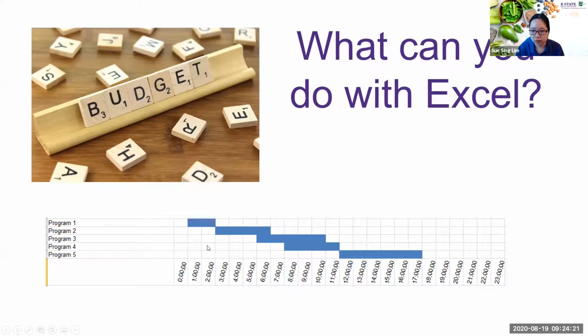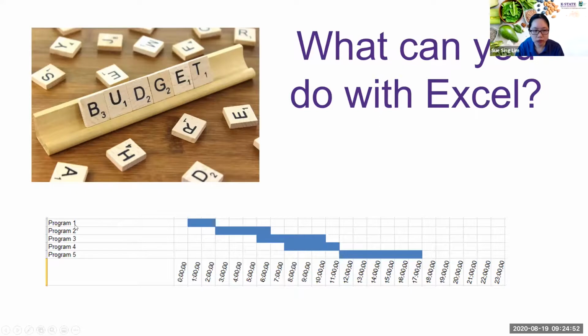This is an example of a project timeline. As you can see, this is an example that I just took a screenshot of from Google Images. There are 5 programs here, and then these are the times for those programs. I know you have a calendar for that, but after you learn about Excel, you can alter it however you want when creating a timeline.